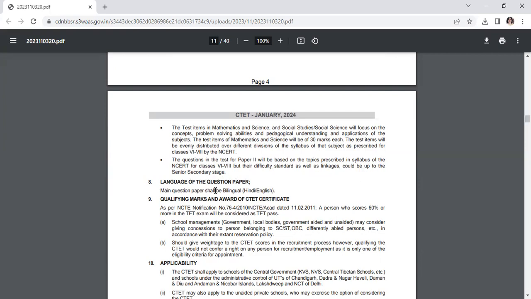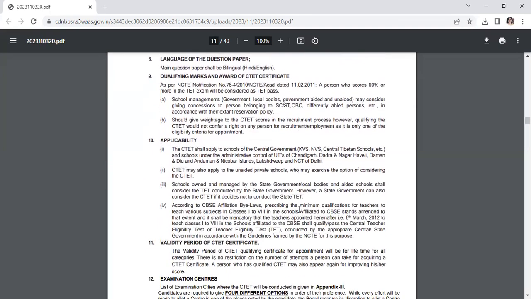Language of the question paper. The main question paper shall be bilingual, Hindi and English. Qualification, marks, and the award of the CTET certificate. As per the CTET notification dated 11/2/2011, a person who scores 60% or more in the TET exams will be considered as TET pass.